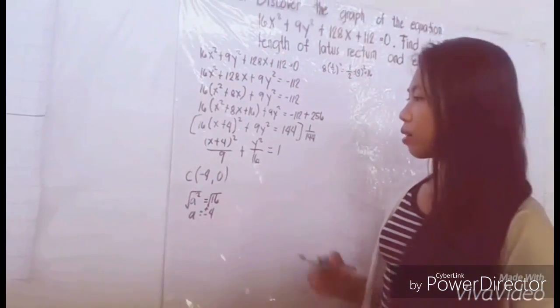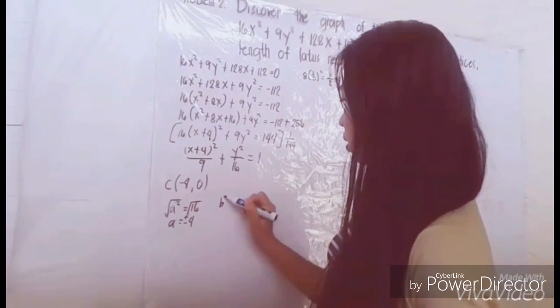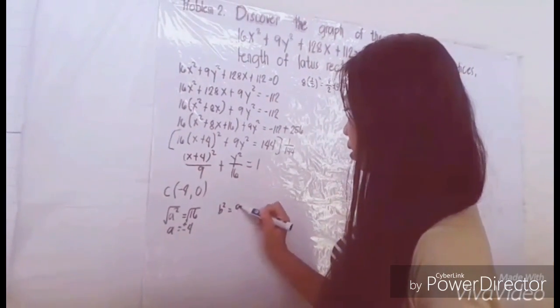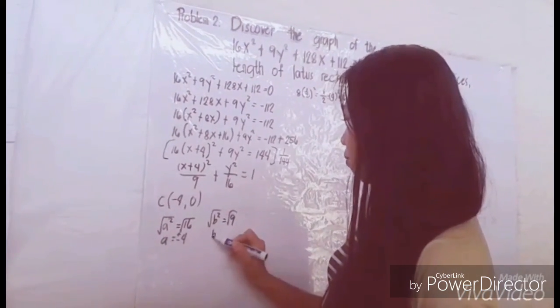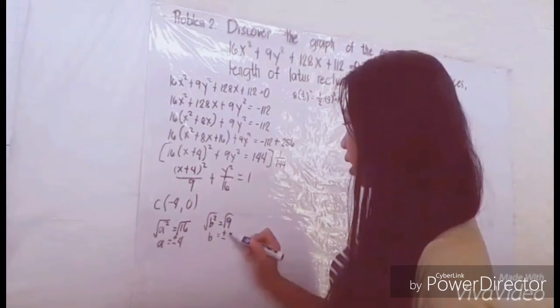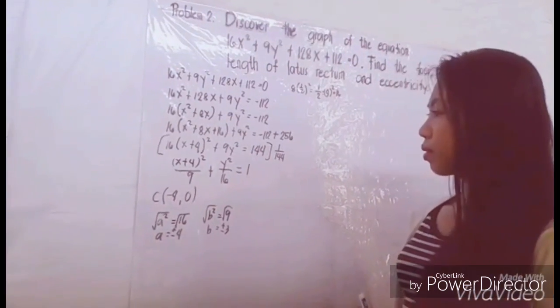Given also our b squared, which is 9, taking the square root again, we have b is equal to plus or minus 3.